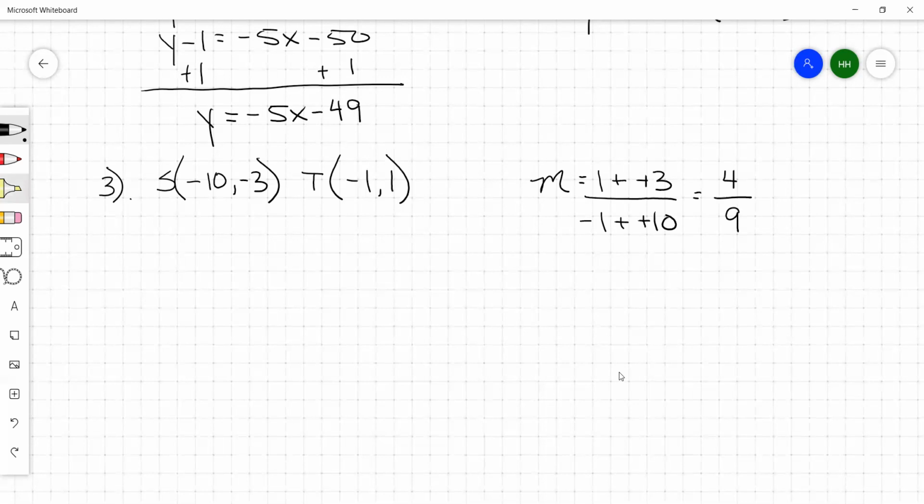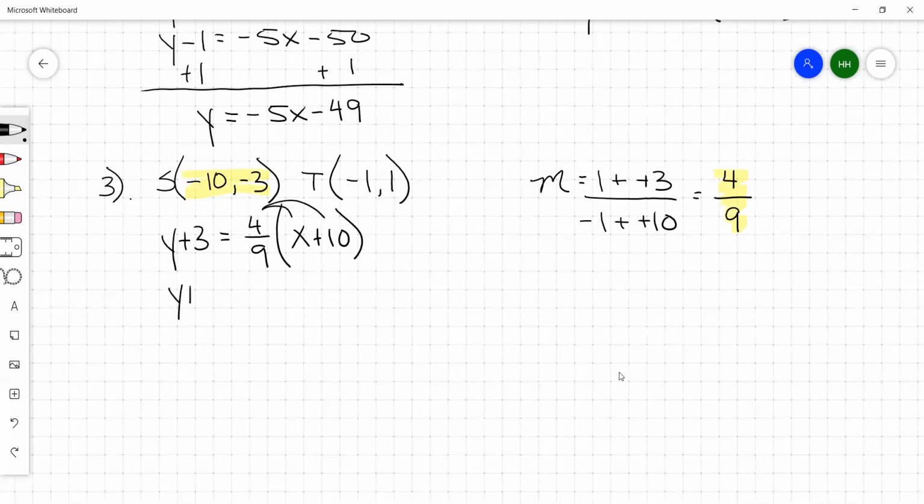So I'm going to use this first point, and I'm going to use this slope. So we're going to go y plus 3 equals 4/9 times x plus 10. We're going to distribute the slope now.